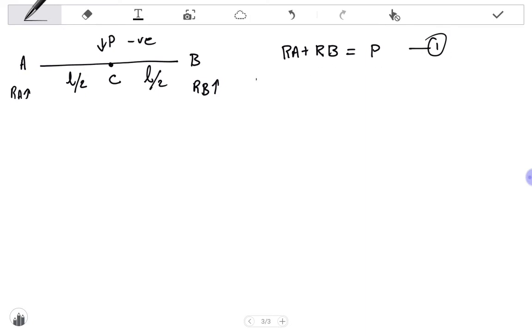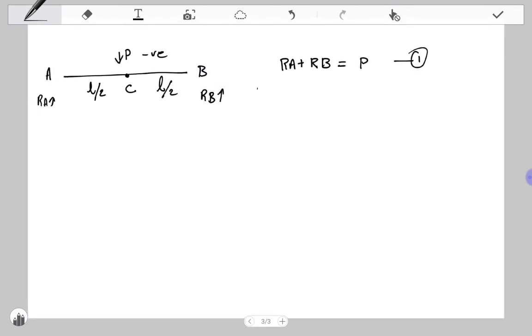In this diagram, we know the total length of the beam is L, and P is acting at the center, so A to C is L by 2, and C to B is L by 2.